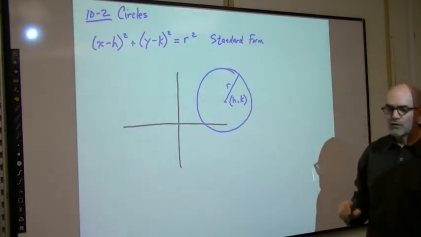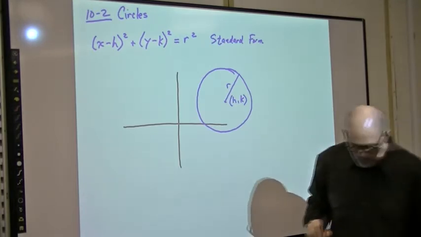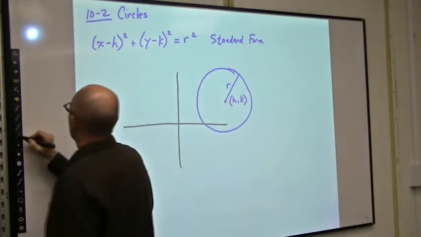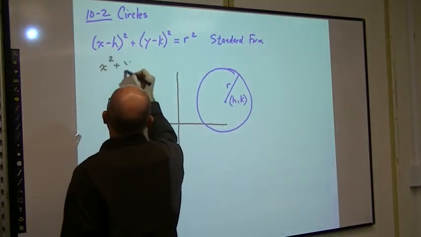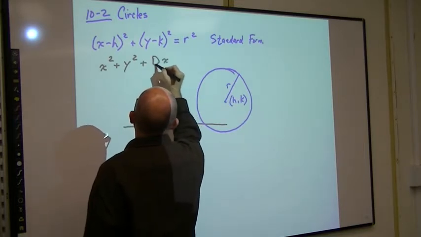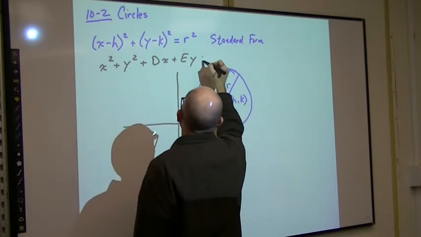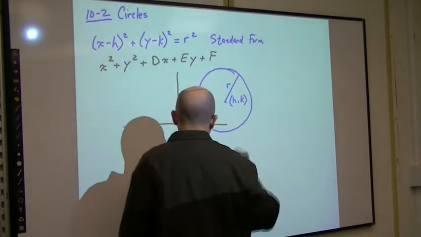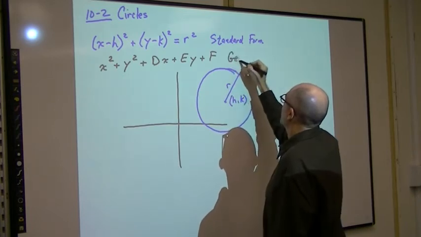Now, the general form of the equation is going to be x squared plus y squared plus dx plus ey plus f. This is called the general form.